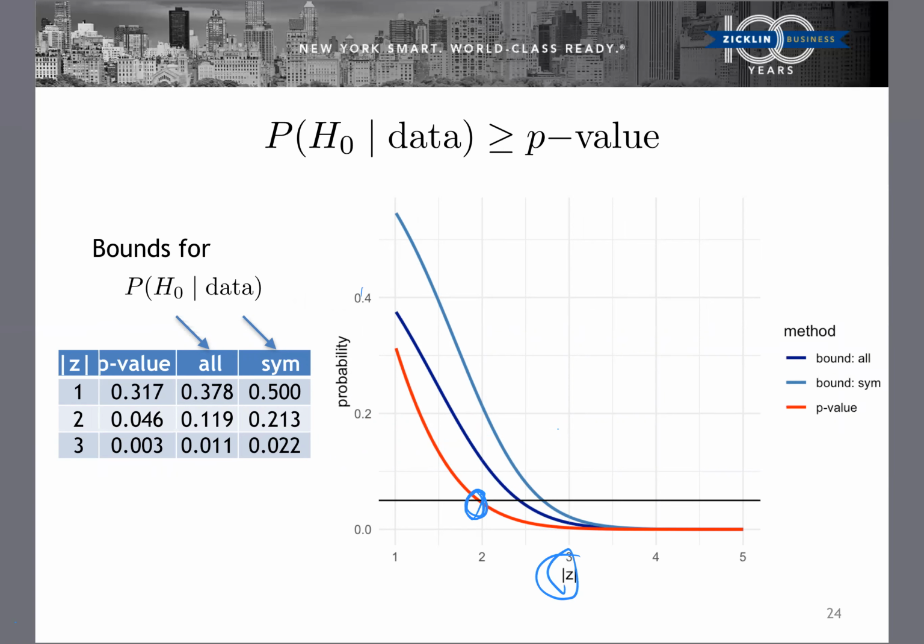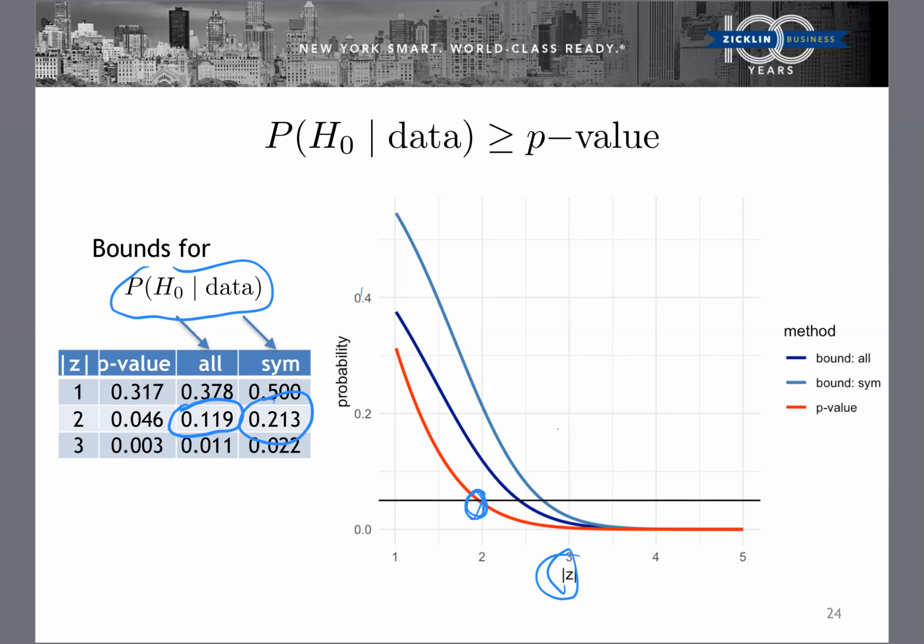And then the minimum probability that the null will be assigned under the Bayesian framework is going to be at least 12%. And if you restrict yourself to the class of symmetric priors, which is the one where we only assume that positive and negative deviations are equally likely, the posterior probability of the null is at least 20%.